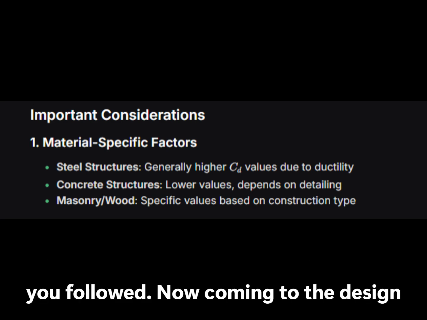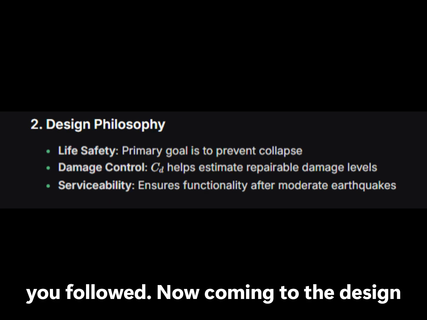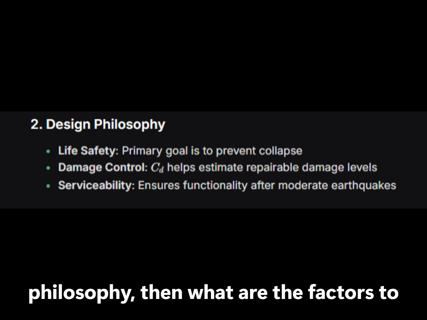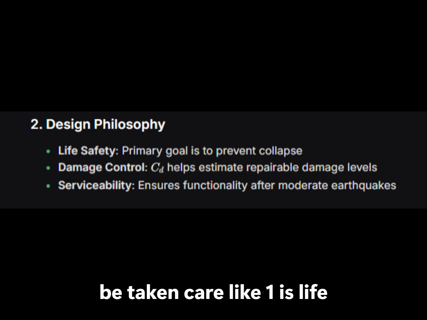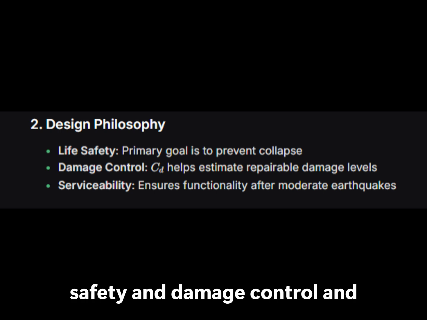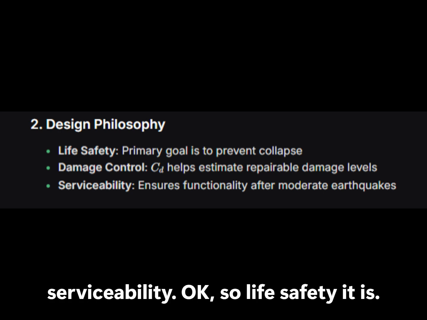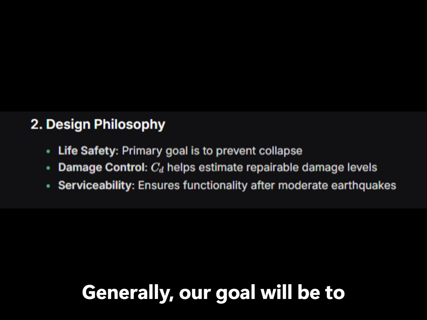Now, coming to the design philosophy, what are the factors to be taken care of? One is life safety, and the others are damage control and serviceability. For life safety, our goal is generally to prevent collapse.